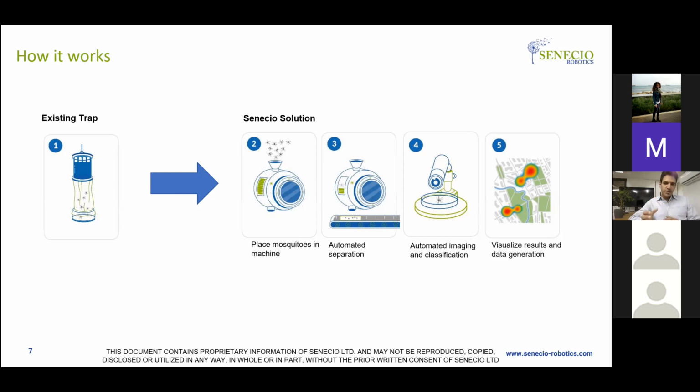We upload the images, which I'll show you in a moment, into our cloud and provide access to the experts, who then work on the images where the AI threshold was too low, so they are not one of the common mosquitoes, and now the expert will do expert work.